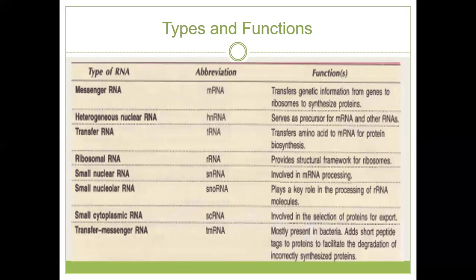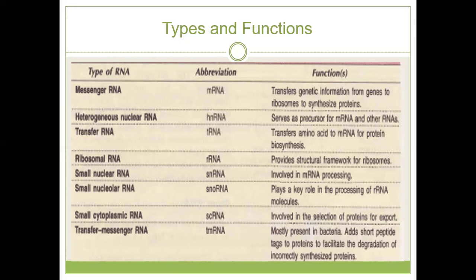When messenger RNA is going to be produced from a DNA, it is supposed to only produce RNA, and that RNA contains some sequences that are not needed. So this sequence will have to be removed. After removing this nucleotide sequence, the remaining will be joined to form the messenger RNA. So the first RNA that is produced from DNA is not the messenger RNA, rather it is heterogeneous RNA.